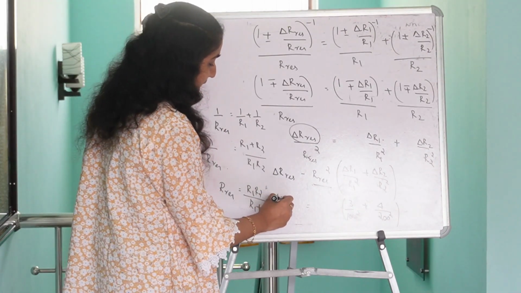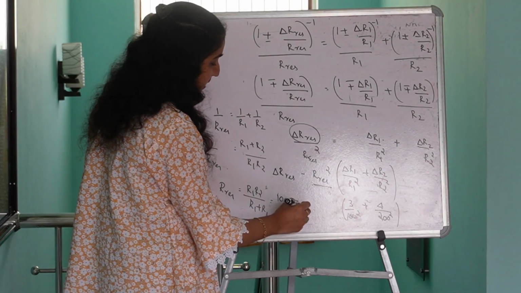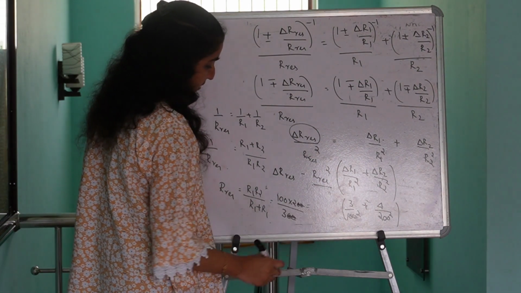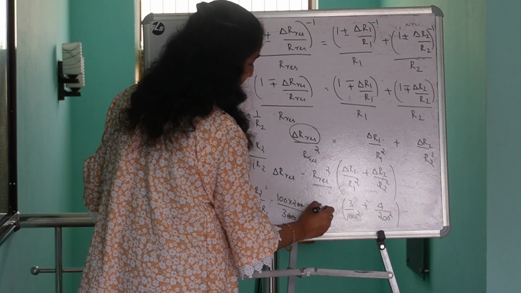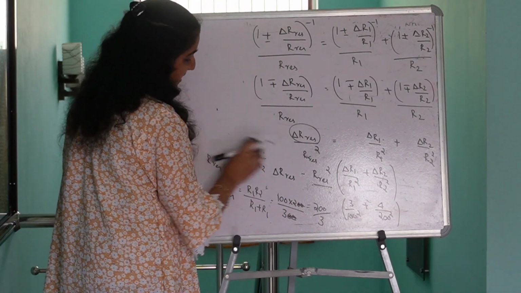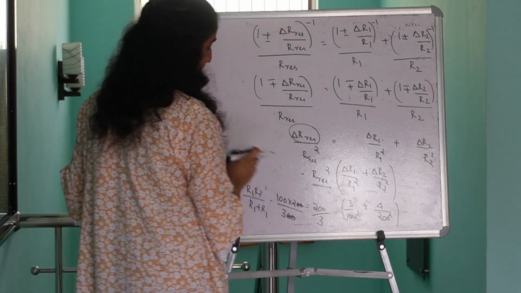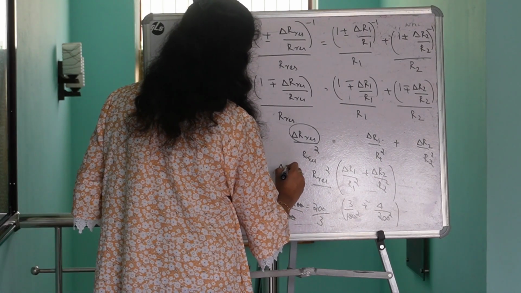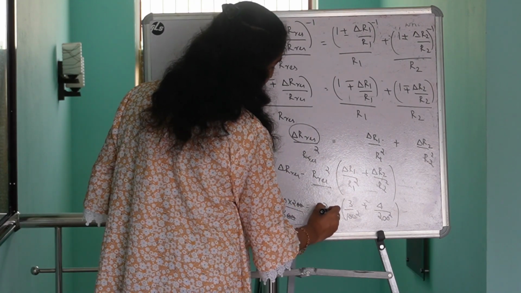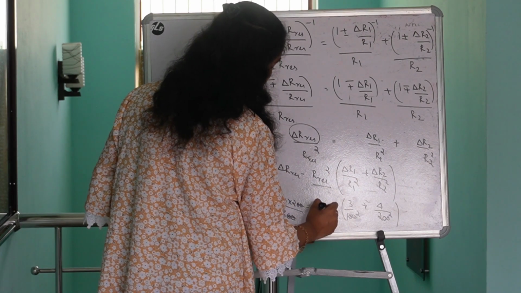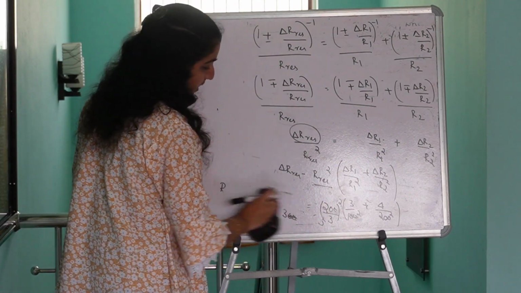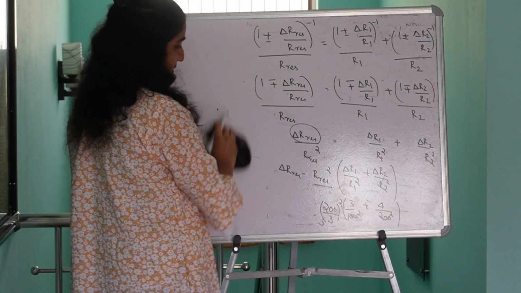Simply substitute the values of R1 and R2, that is 100 into 200 divided by R1 plus R2. So these two zeros will cancel. 200 by 3 is our actual resultant resistance. So here we have to find the square of the actual resultant resistance, so 200 by 3 the whole square.